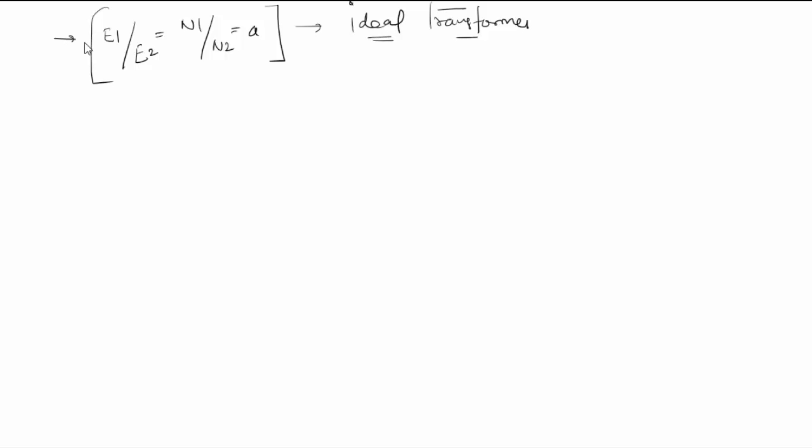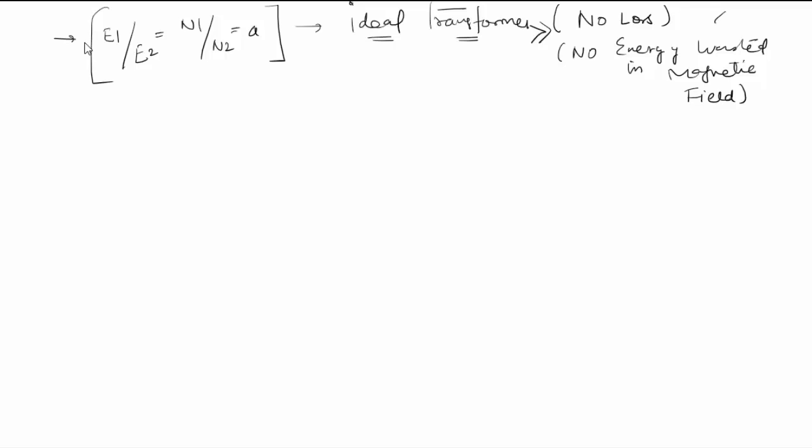This is a case where we consider the transformer to have no loss, and no energy wasted in setting up the magnetic field, or the magnetic losses are zero. So that's the ideal case.